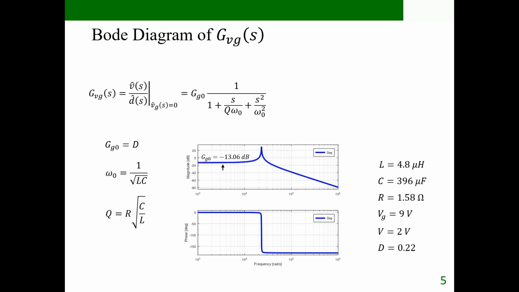Next, we again see the LC resonant peak. Its magnitude is determined by the quality factor Q, which is roughly 42.3 decibels for this ideal converter. And the resonant frequency remains the same, around 23 kiloradians per second. Above resonance, the slope drops at minus 40 dB per decade because this is still a second order system.